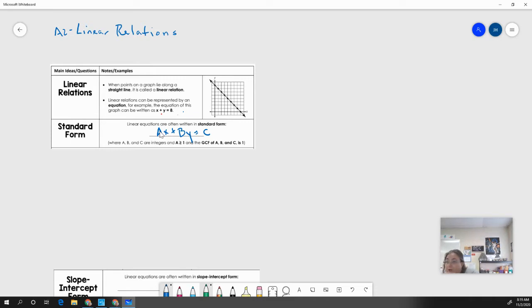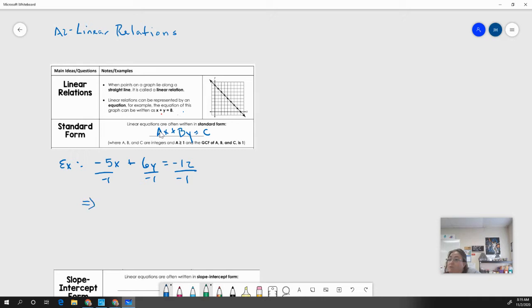So, for example, if I have negative 5x plus 6y equals negative 12, to write that in standard form, I would have to get rid of this negative on the 5. And I can do that by dividing everything by negative 1, or multiplying everything by negative 1, it would have the same effect.